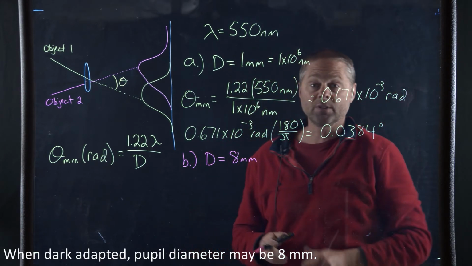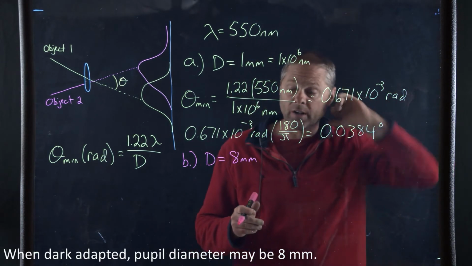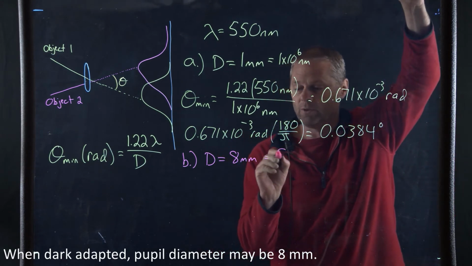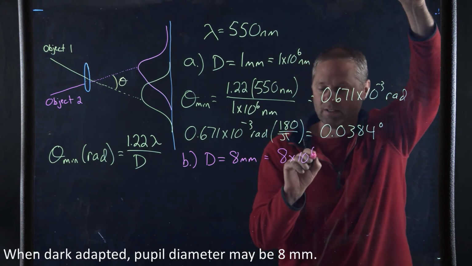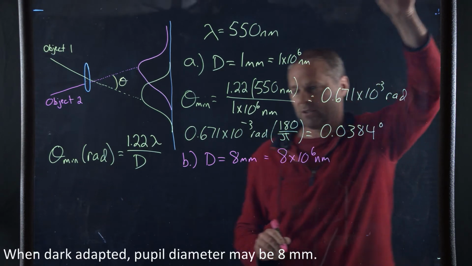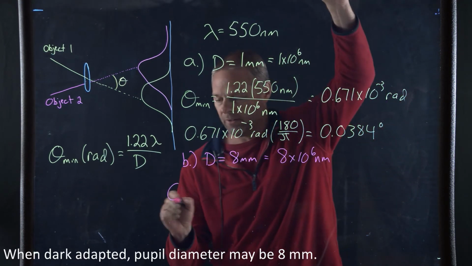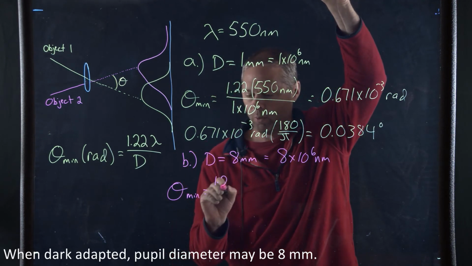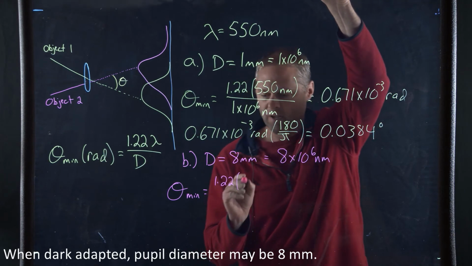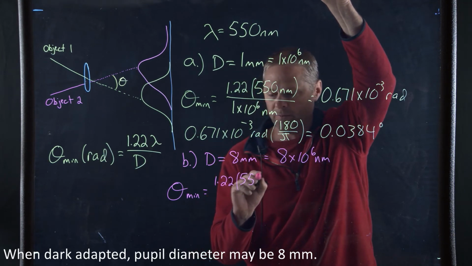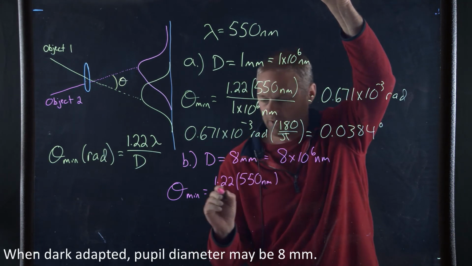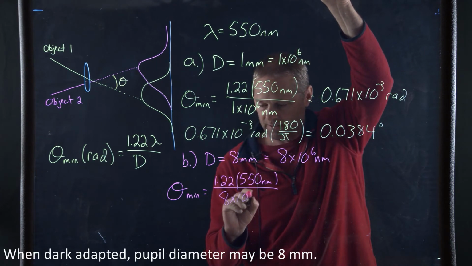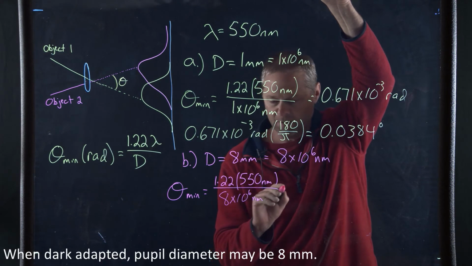Now for B, we're going to look at when the diameter is 8 millimeters. So this would be, for instance, if it's dark out and the pupil is very, very large. Now this is going to be equal to 8 times 10 to the 6th nanometers. And so once again, we're going to find our theta min, and that's going to be equal to 1.22 times 550 nanometers divided by 8 times 10 to the 6th nanometers.